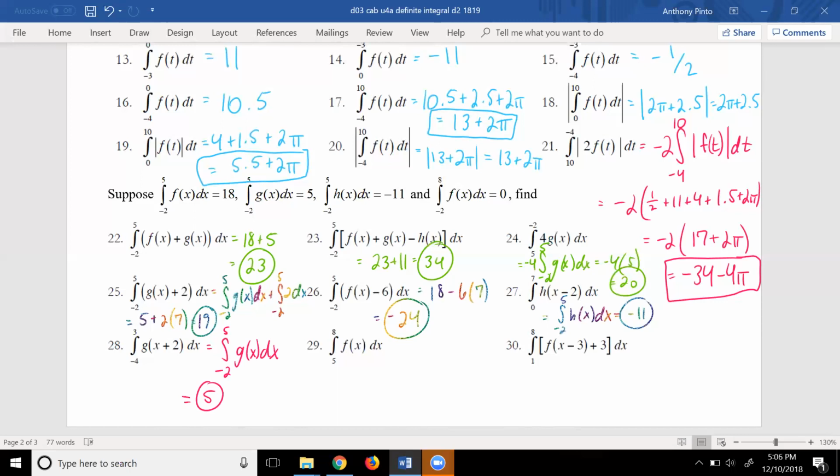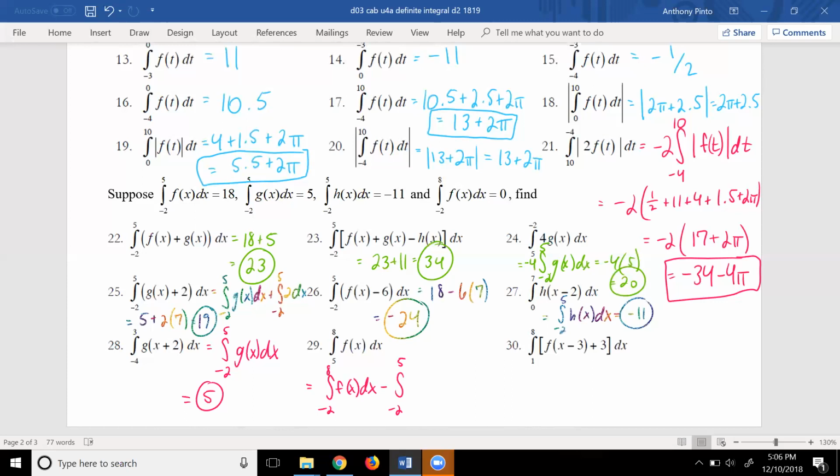This one is 5 to 8 of f of x dx. Now notice that we're given -2 to 5 and it says that that's equal to 0. Well, I can rewrite this. I'm going to look at this big interval from -2 to 8 of f of x dx, and then I'm going to subtract off the interval from -2 to 5, which gives me the interval from 5 to 8, right?